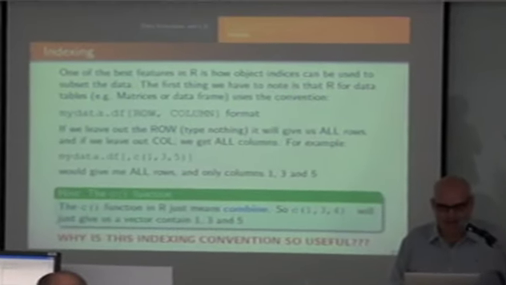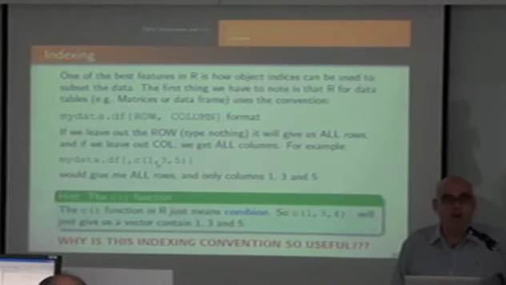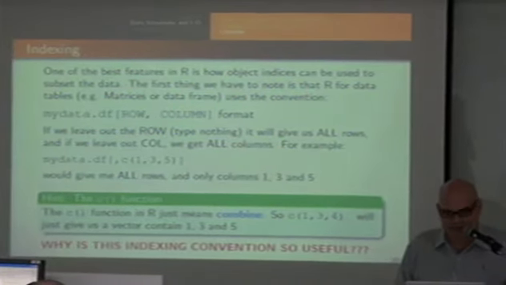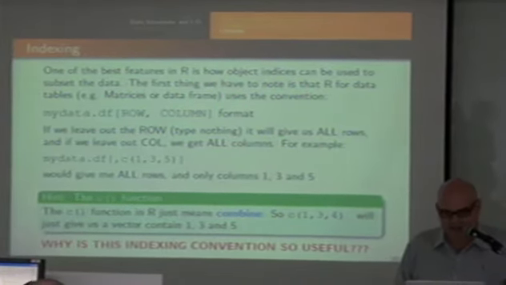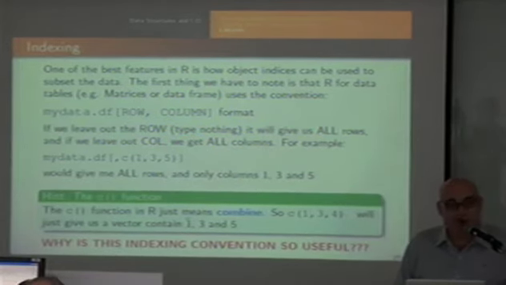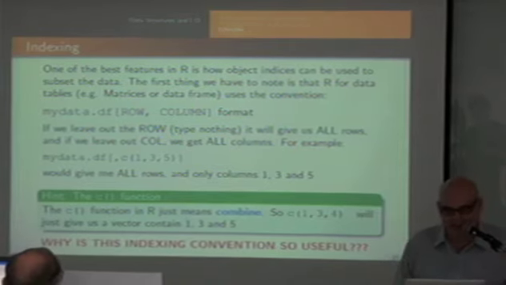So there should be something there if you want a subset. So this is only going to give me columns 1, 3, and 5, but it will give me all observations. By the way, the C just means combine or concatenate.